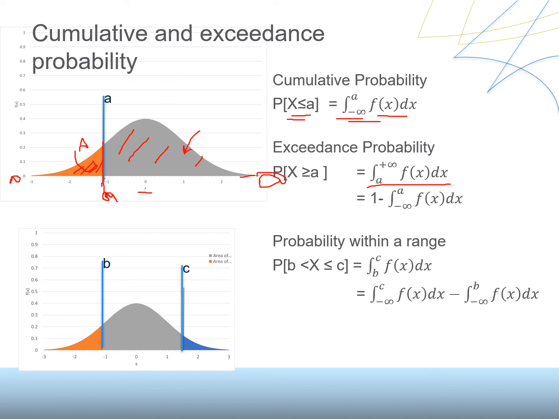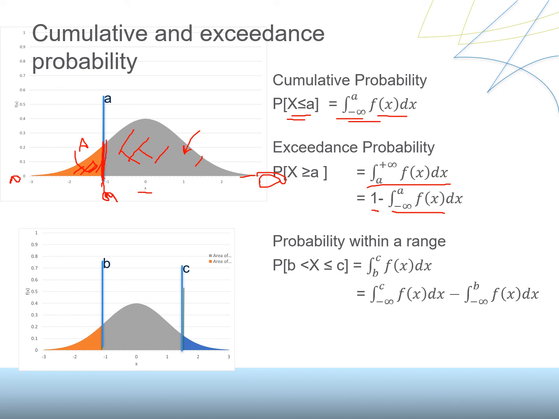So instead of integrating the right-hand side, we calculate the cumulative probability up to that point, so x being less than or equal to that particular value, and then we subtract that value from 1 and we get the exceedance probability.